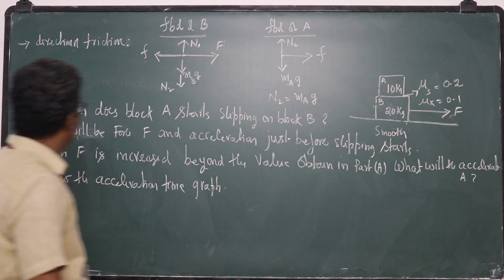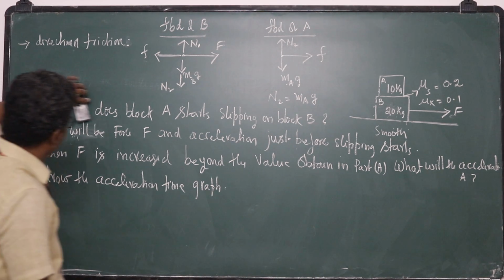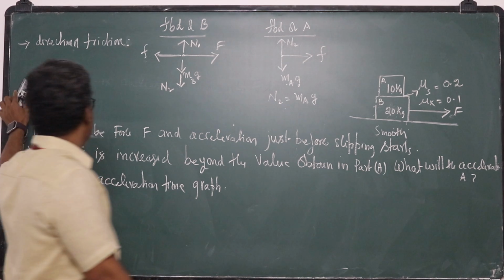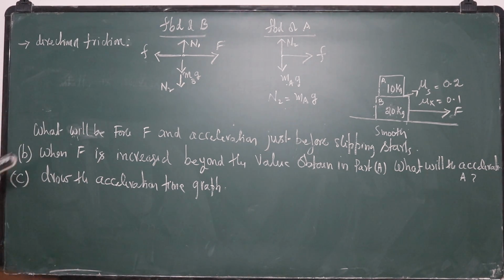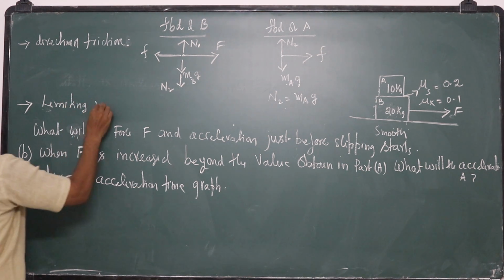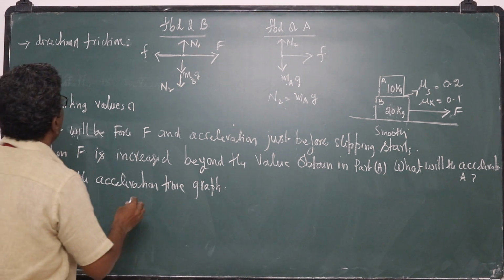So when does block A start slipping on block B? To answer these questions, let us see. These are the directions of frictional forces, and now you draw the limiting values, the range of frictional forces.